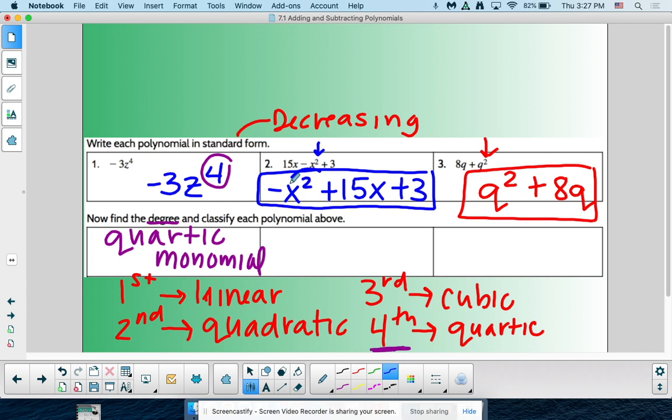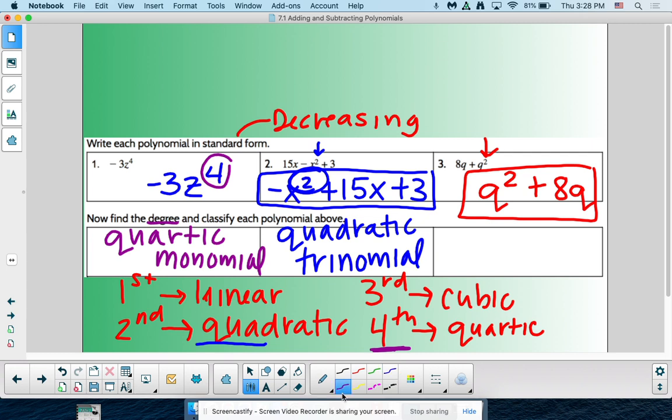My highest exponent is a 2, so it is quadratic. And since it has 3 terms, it's a trinomial. Now this last one, our highest exponent is a 2, so again it's quadratic. And then it has 2 terms, so it's a binomial.